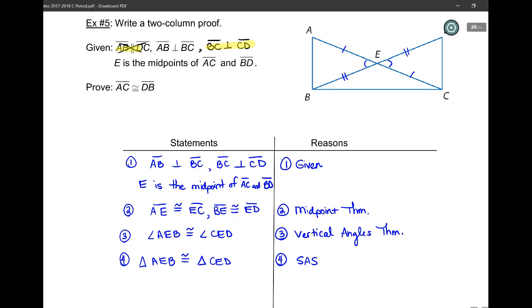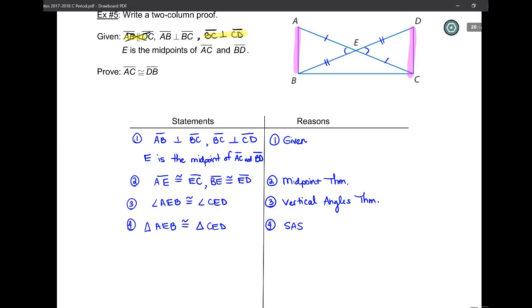So I can actually get AB congruent to DC. So I'm going to write AB congruent to DC, that is CPCTC.